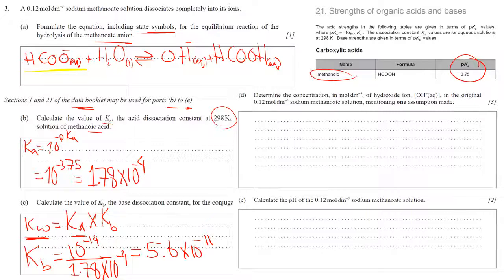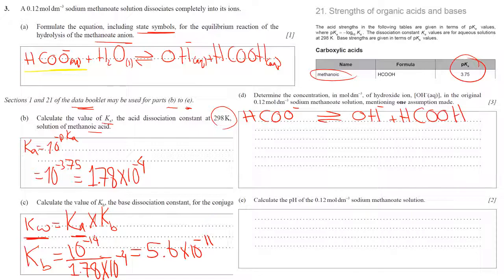So what we have here is HCOO negative. It dissociates to OH negative plus HCOOH.